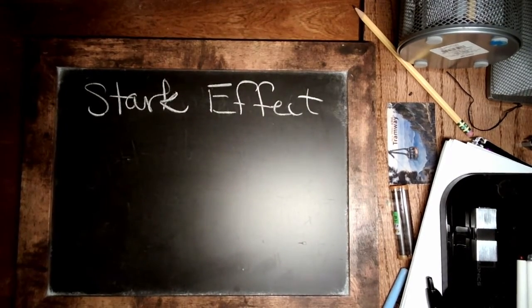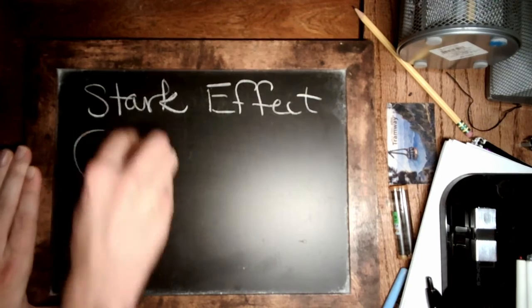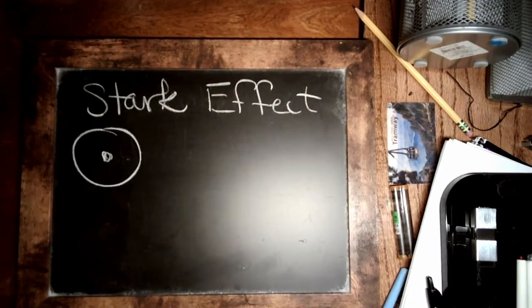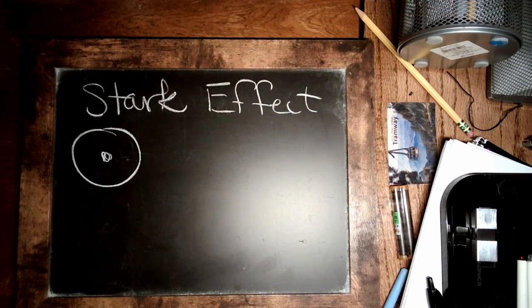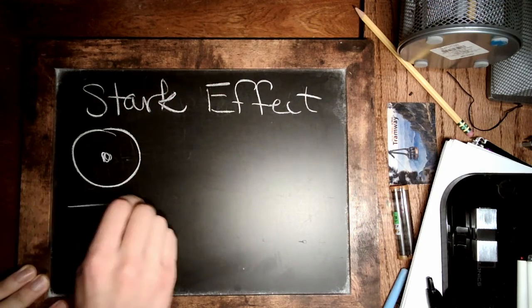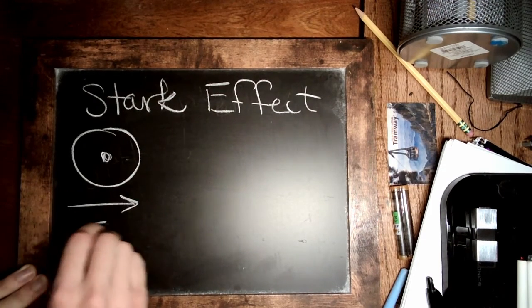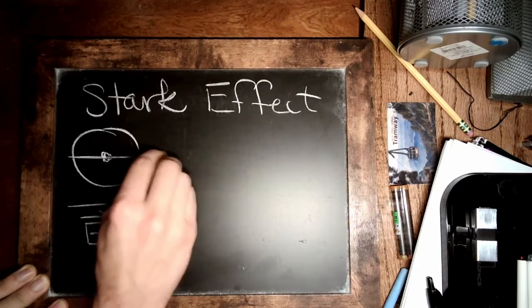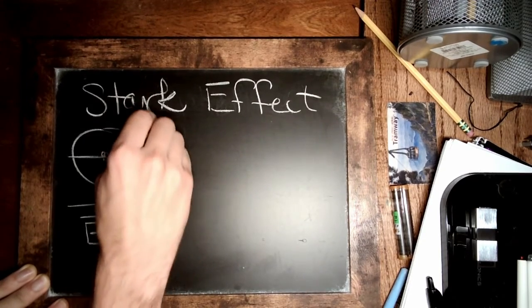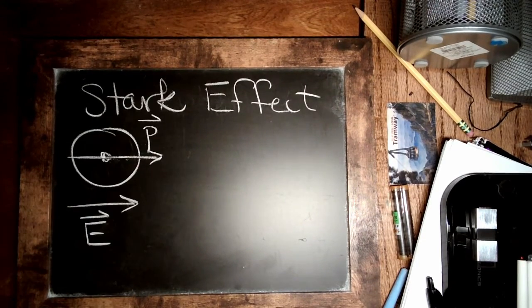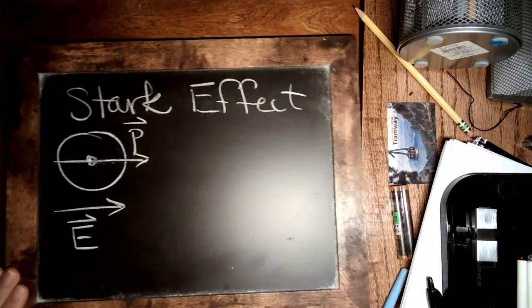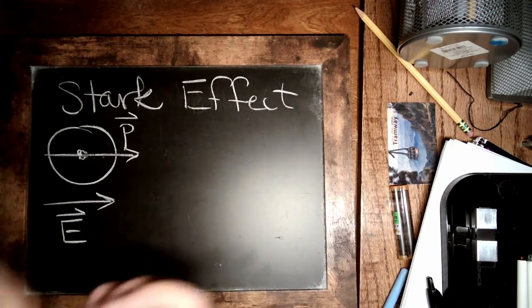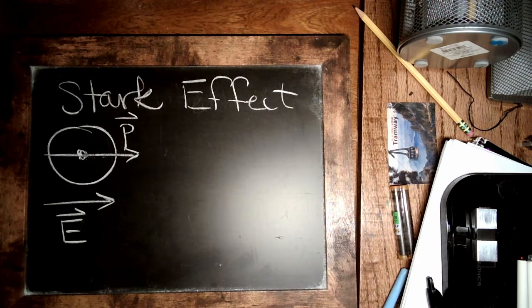Now what the picture is, once again, a round thing with the dot in the middle, and we want to say we're exposing it to an electric field, and this induces some dipole moment on the atom. But instead of looking at this from the classical equations of electrostatics, let's see if we can take a look at quantum mechanics, see if we can apply that.